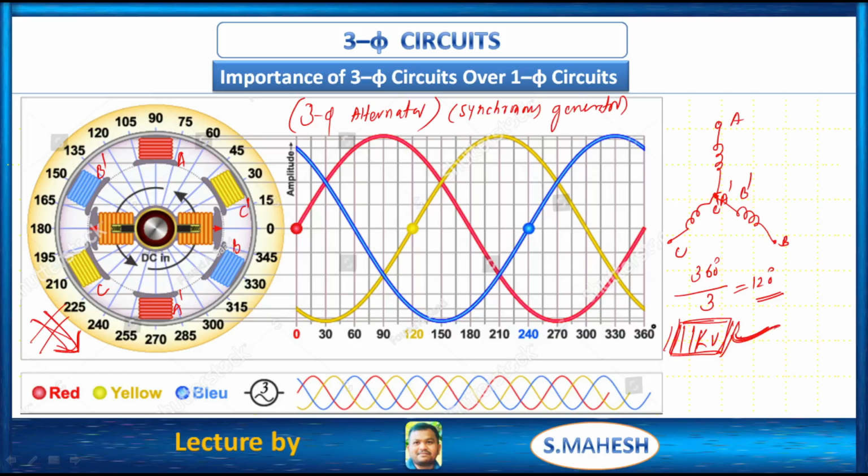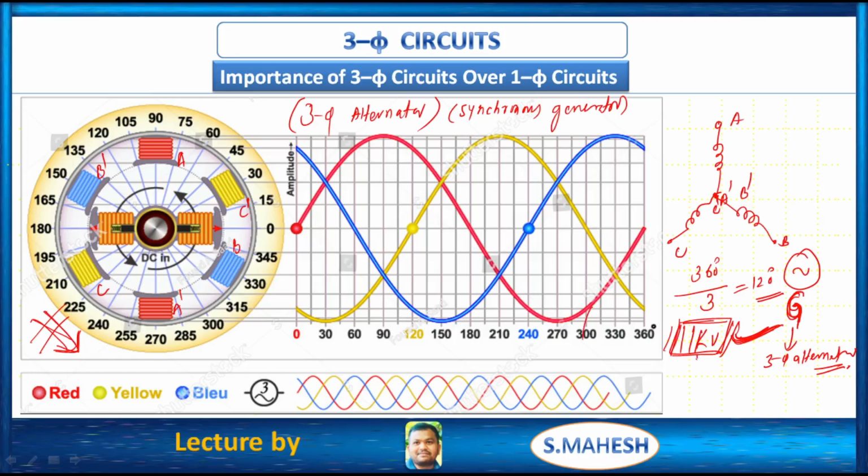This is the EMF from this 3-phase alternator. Okay, see, this is the representation of alternator. Means what? G. In every system we can represent like this. G means what? Generator. That too, that is 3-phase alternator. That is the meaning. Okay, so this much of 11 kV voltage can be transmitted, distributed, and finally we can utilize that 11 kV of voltage.